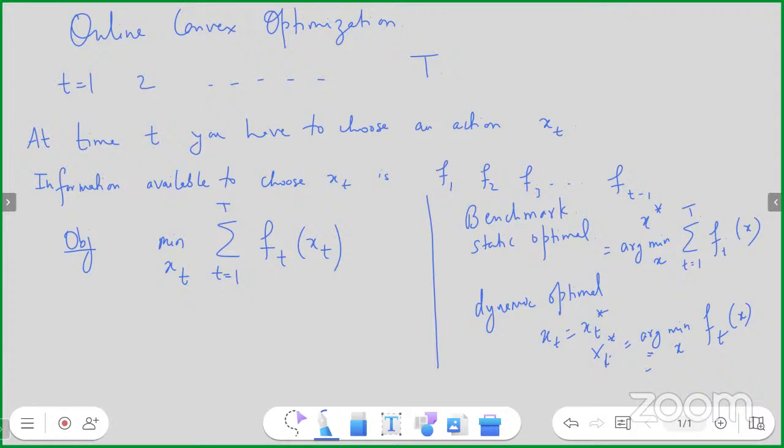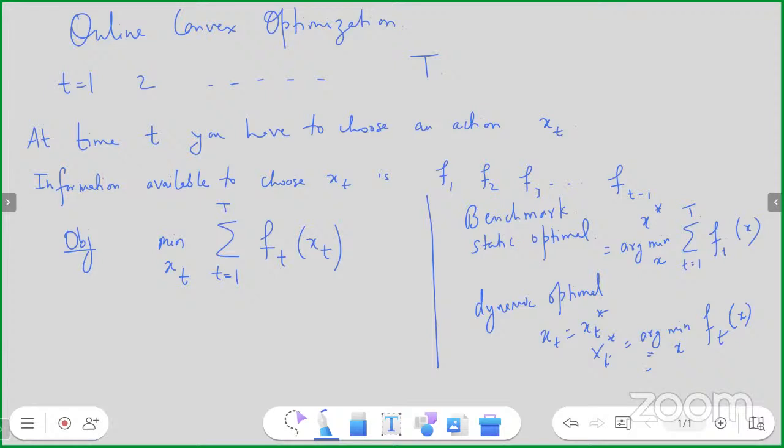So try to even understand, does it even appear reasonable what I'm trying to do? The second one. No, because I get to see all the functions. So the best action at time t is a local optimizer.